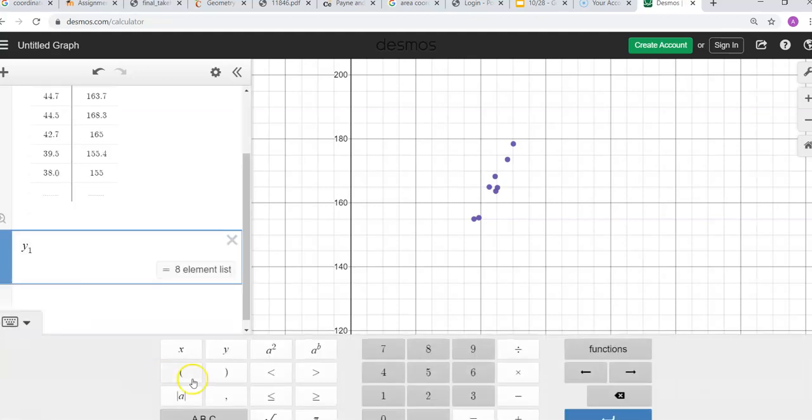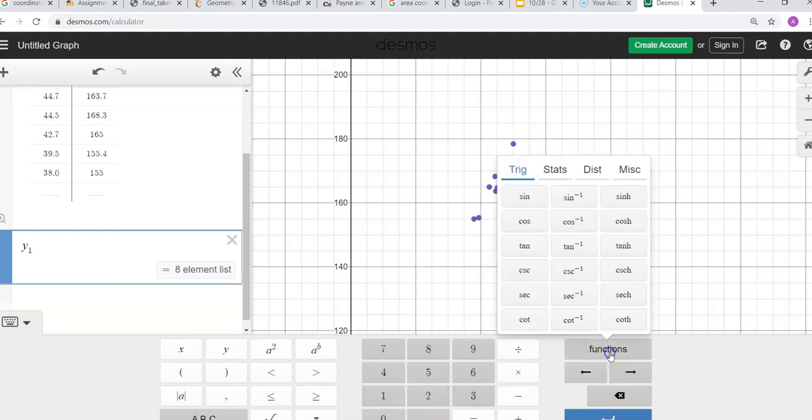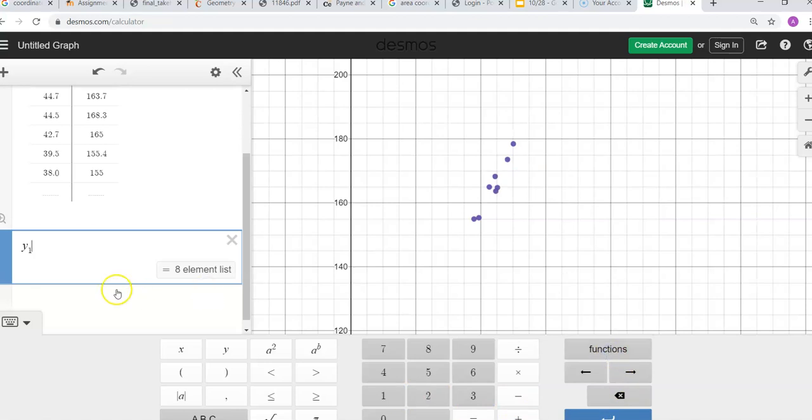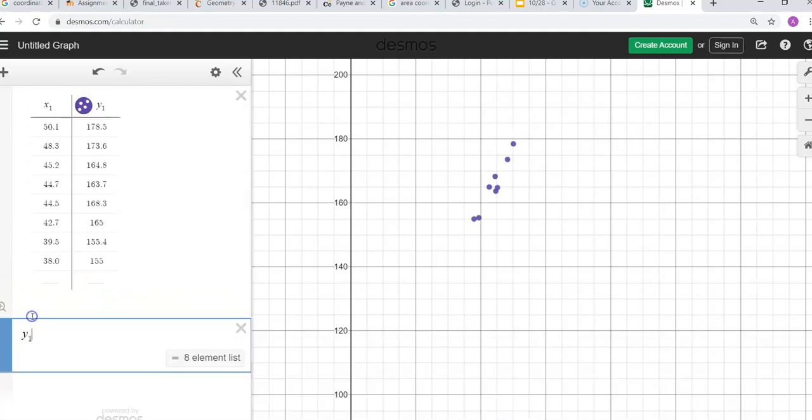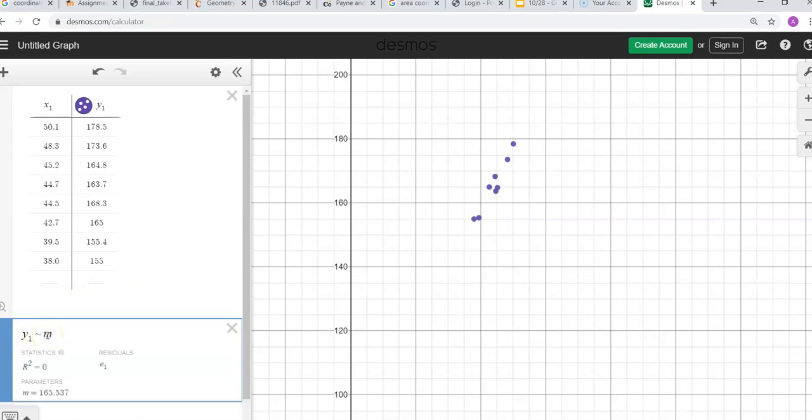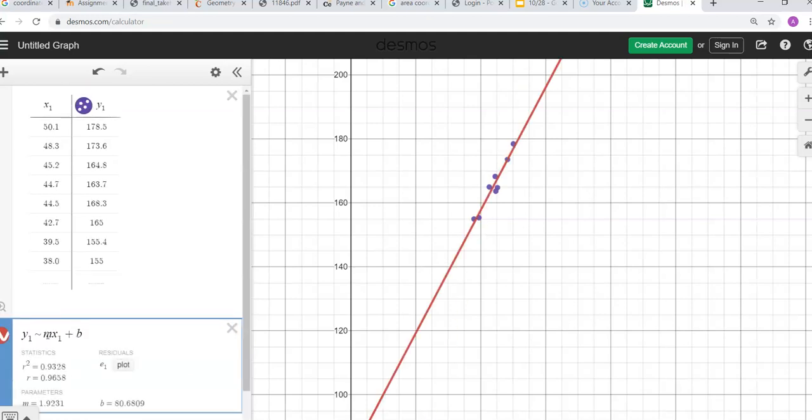If you bring this up, you can get to it that way, but there's a keyboard shortcut, which I find easier. So we'll make sure we all know how to do that in class. Then we do this approximation, so not equals, but approximation, m x sub 1 plus b, right? So we're approximating this line. And it gives us everything we need right here.